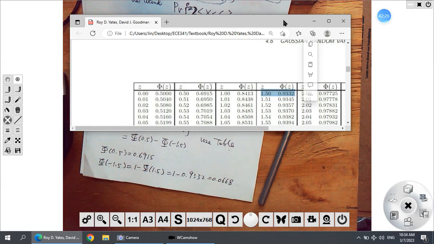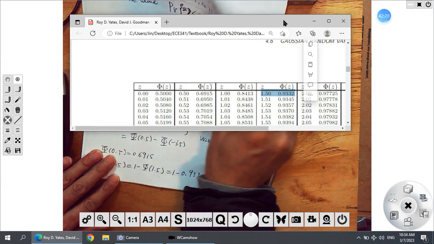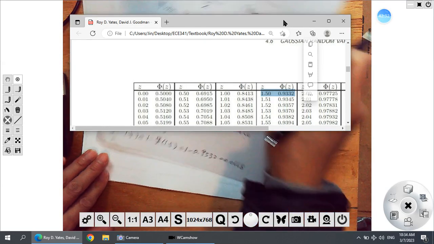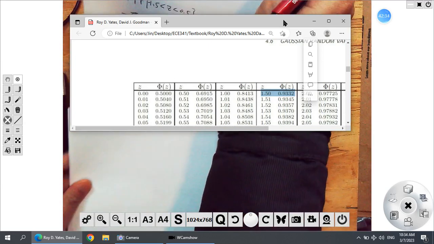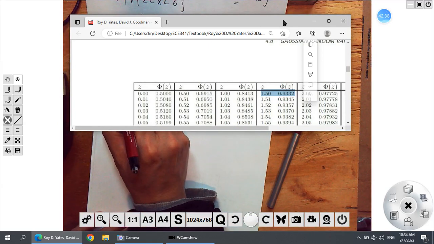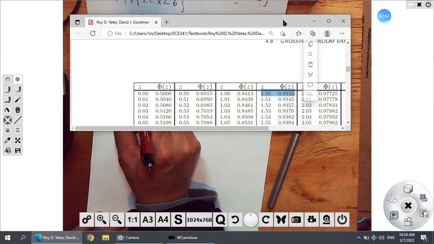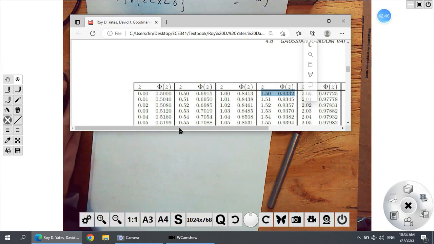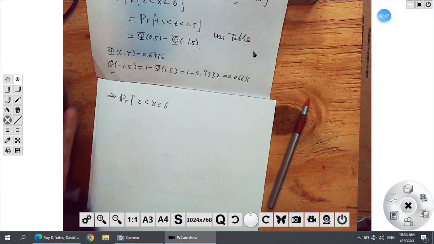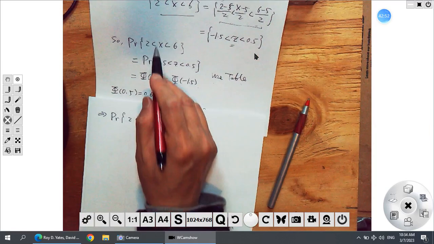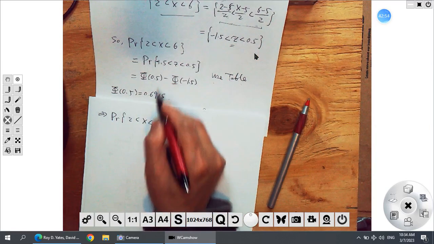Alright, now we can plug in. This is the probability of 2 smaller than x smaller than 6. I copy it again.